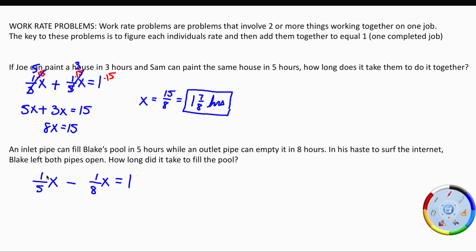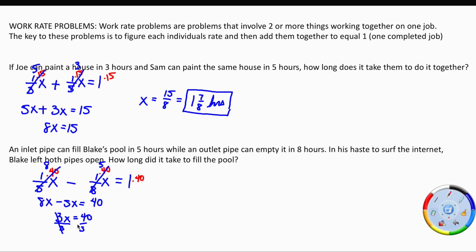All right, common denominator is 40, so multiplying everything by 40, we have 40 divided by 5 is 8, so there's 8x. 40 divided by 8 is 5, so there's 5x. And 1 times 40 is 40. So 8x minus 5x is 3x equals 40.